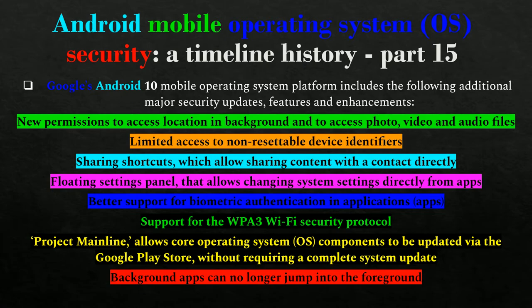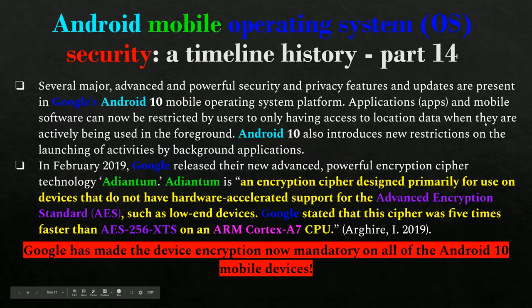So the Android 10 mobile operating system also includes additional major security updates, features, and enhancements. Can you go back one slide just for a second, just so I can remember the term?